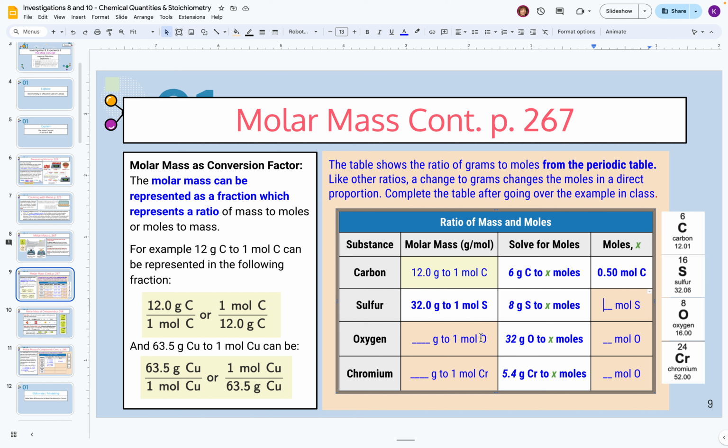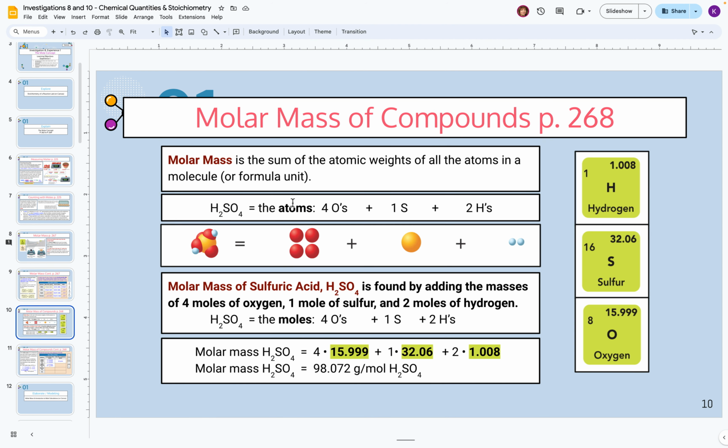Good. Which means that if I change the 16 to 32, that is 16 is to 1 mole, then 32 is to how many moles? Again, you fill this in. And that's it. We're really done.